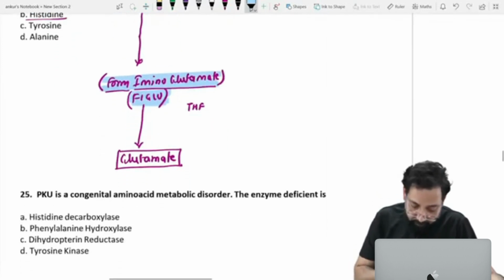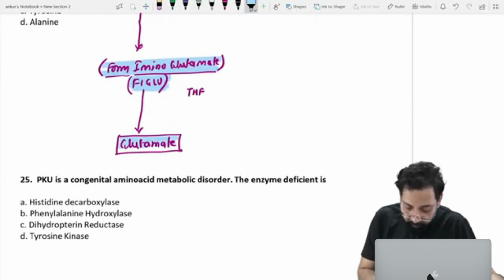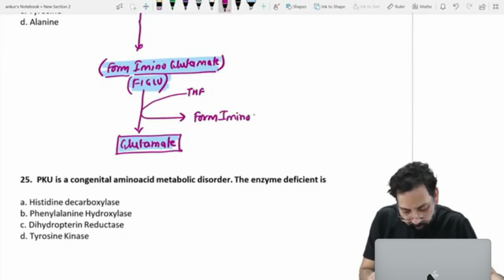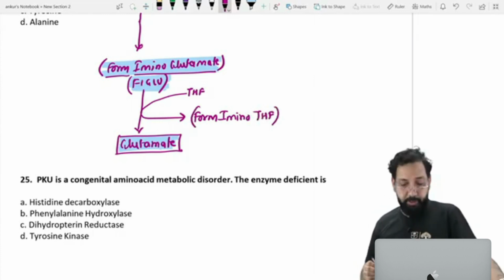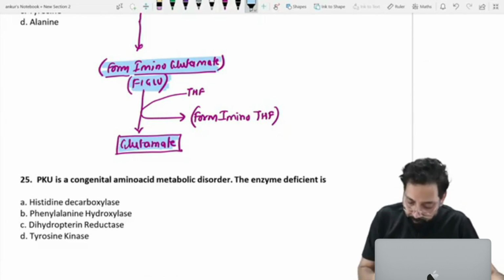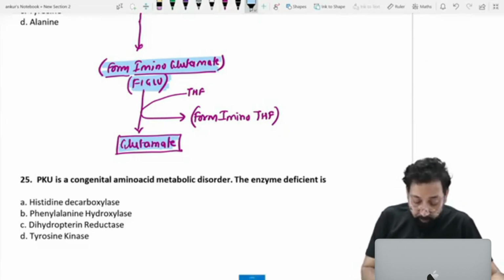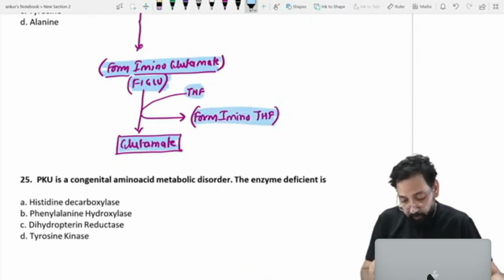In this reaction, Figlu is converted to glutamate, and tetrahydrofolate is converted to formimino tetrahydrofolate.